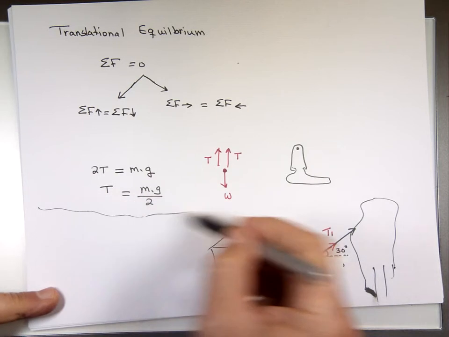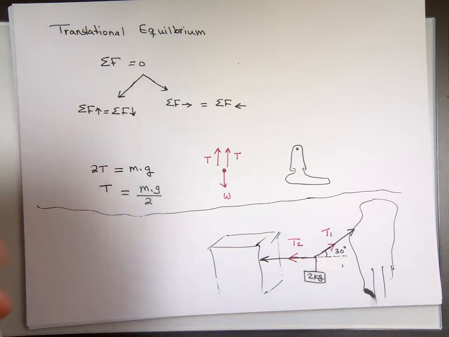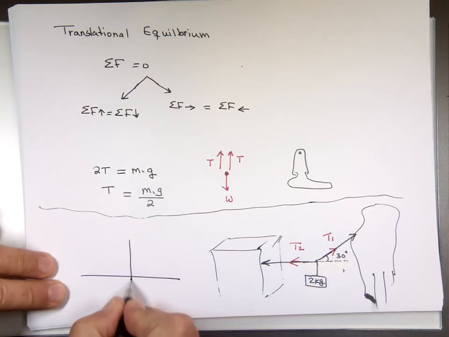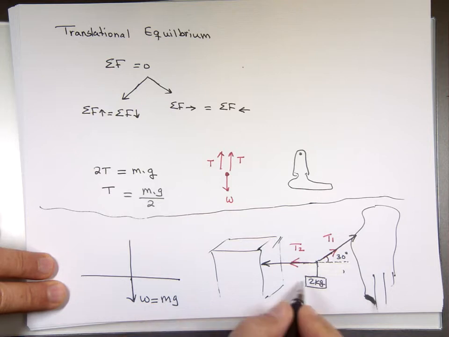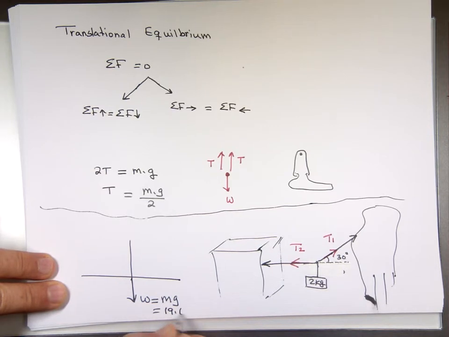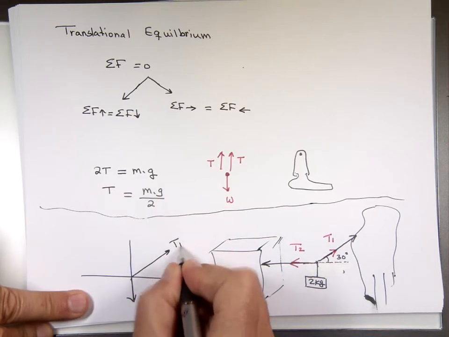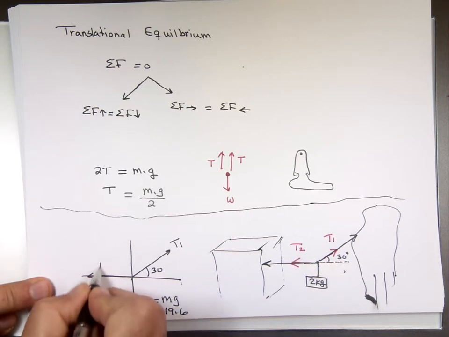We have the weight down, which is mass times gravity, 2 times 9.8, which is 19.6. We get T1 at an angle of 30 degrees, and we get T2. These are your forces, your free body diagram.